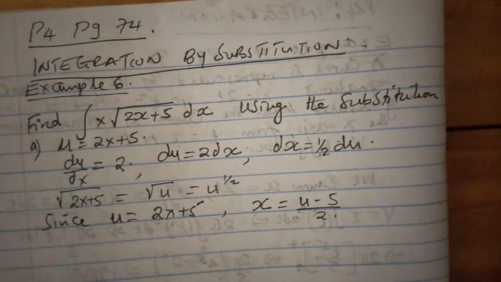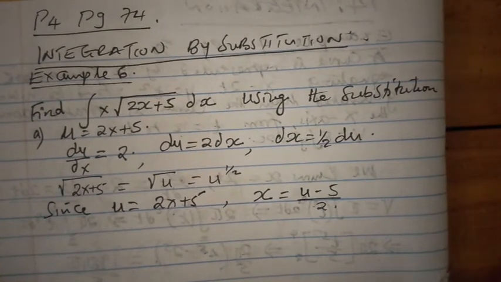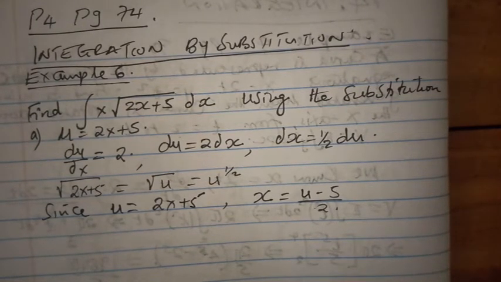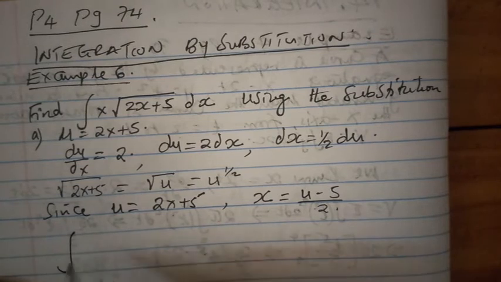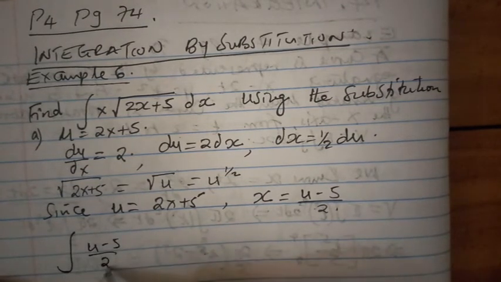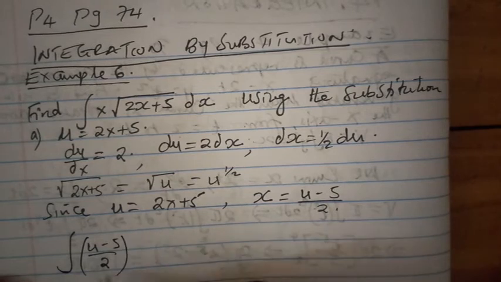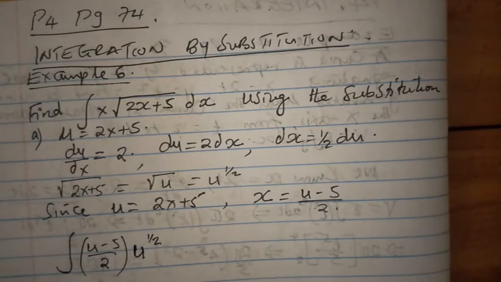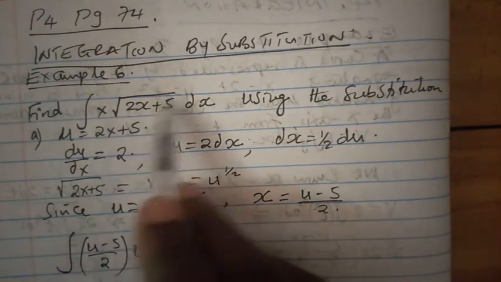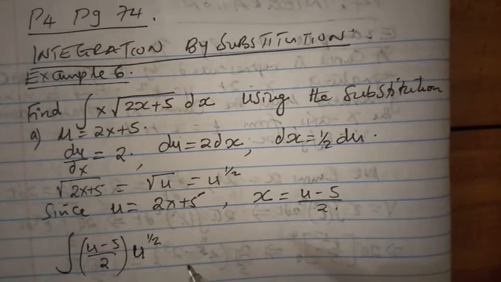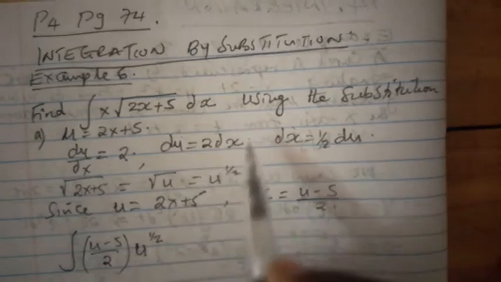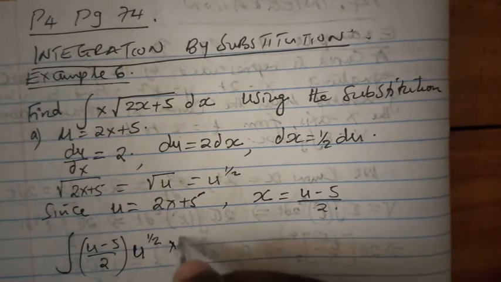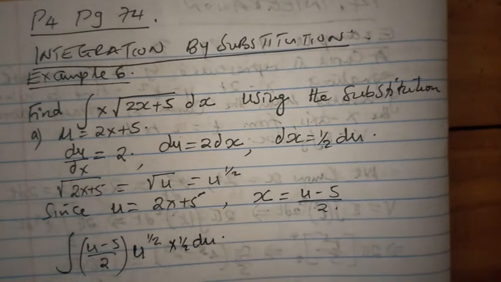And that is our x in terms of u. Having reached there, now we can substitute all the terms, and we have the integral of u minus 5 over 2, that is now the x, multiplied by u raised to power a half, that is the root part, with respect to dx, whereby our dx is half du, so multiplied times a half du.